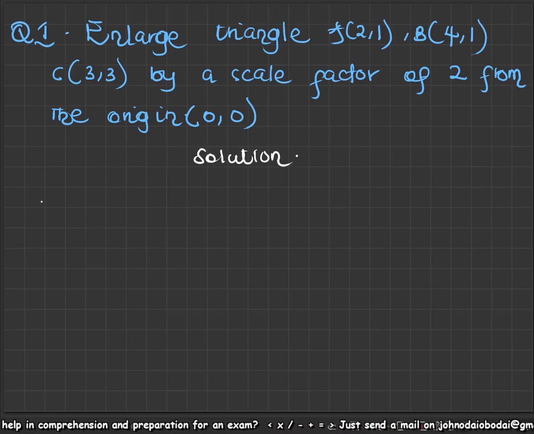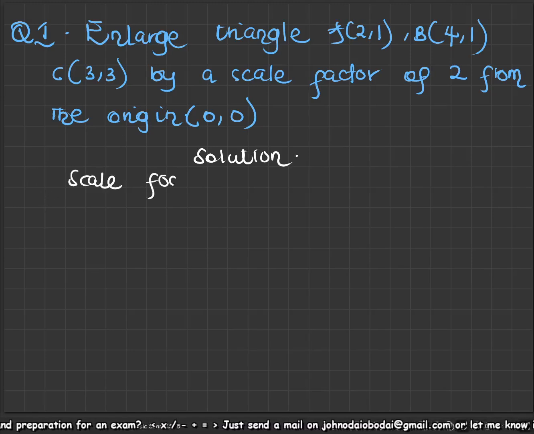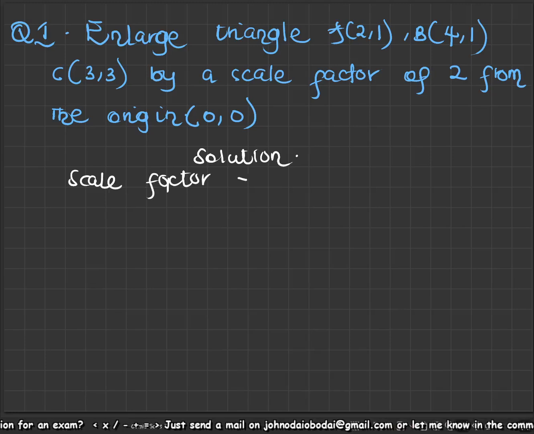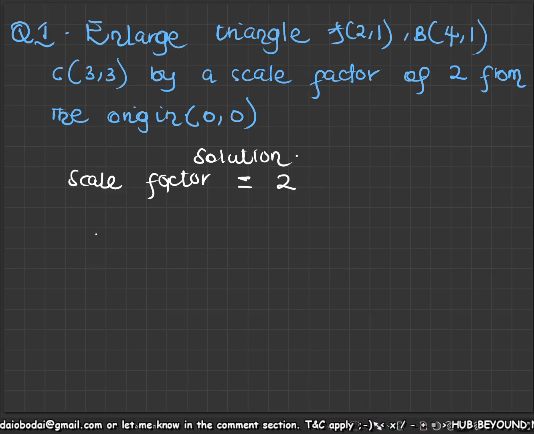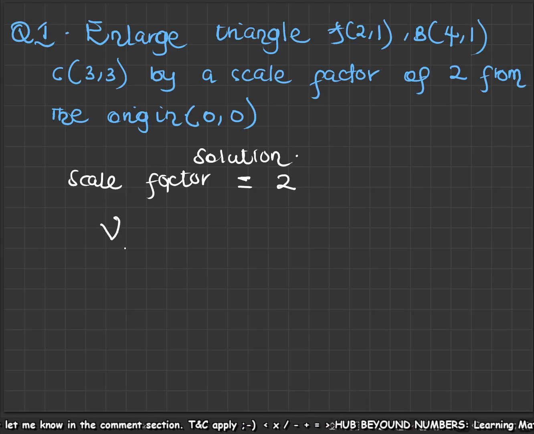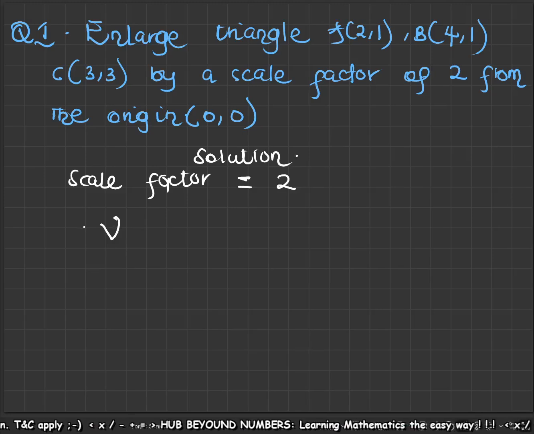So our solution, we should know that our scale factor is 2, you see. So if your scale factor is equal to 2, then by now you should know how to multiply vectors by scalars, you see. Anytime you have a vector, let's say v, and you are enlarging it, all we do is multiply the vector by our scale factor k.